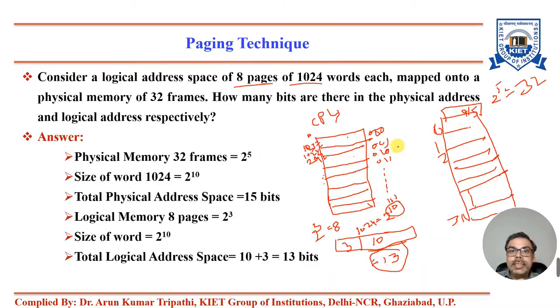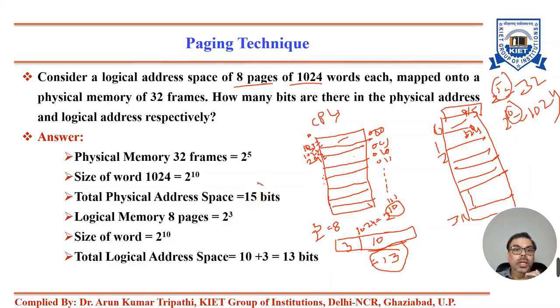So this size is equal to this size, so it also contains 1024 words. Again, to represent the 1024 words, it requires 10 bits. So the total number of bits required is 5 plus 10, that means 15.